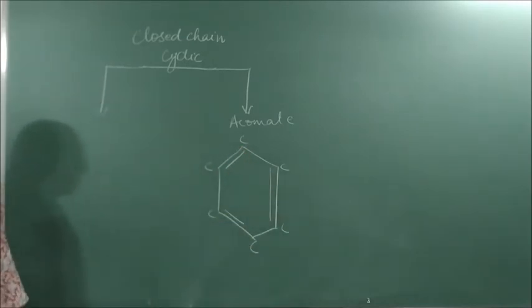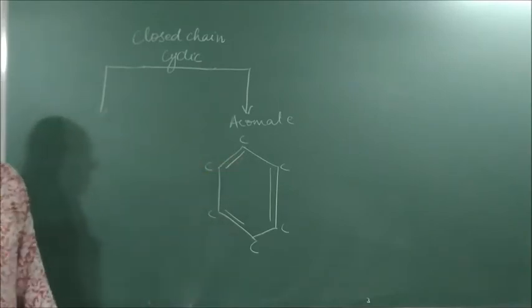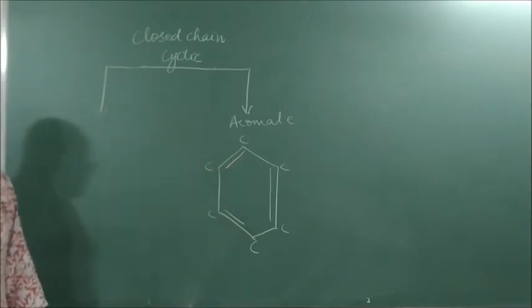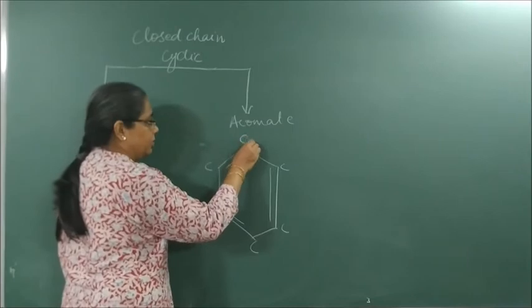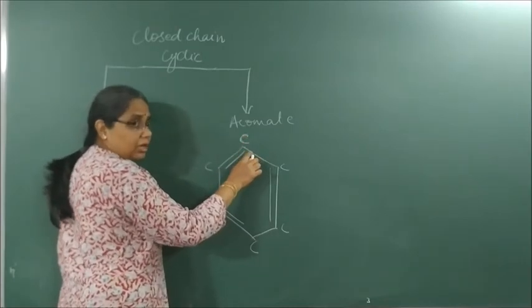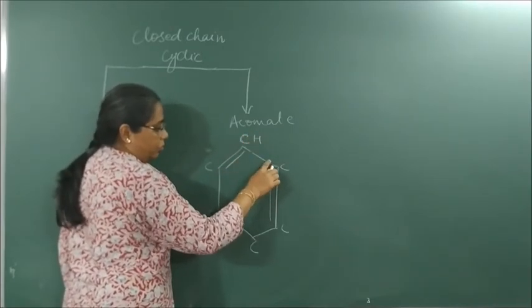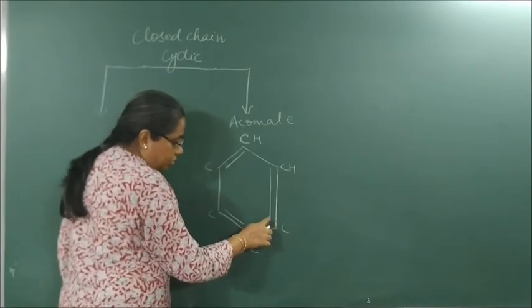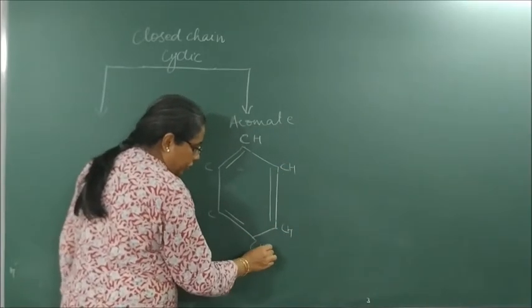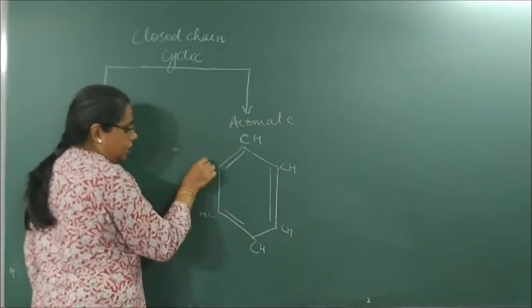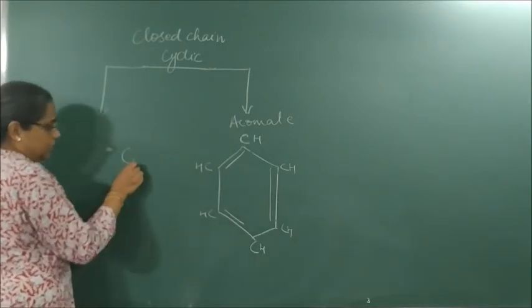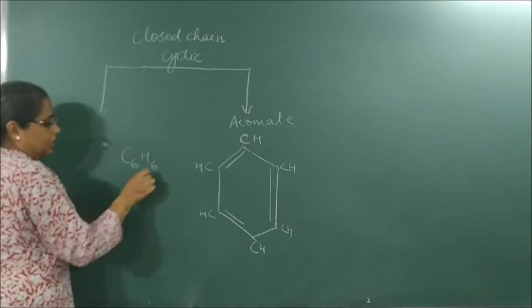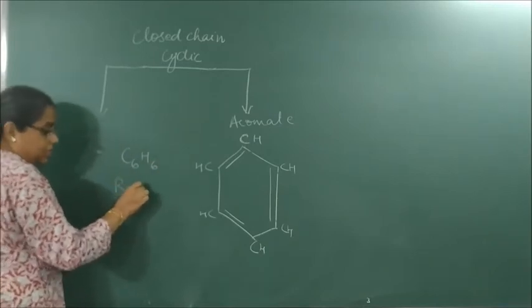Now each carbon atom has how many bonds? 4. 1, 2, 3 and 1, 4. Everywhere it is the same. So what formula does it become? C6H6. This is called benzene.